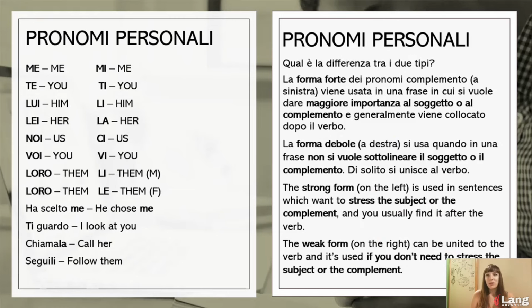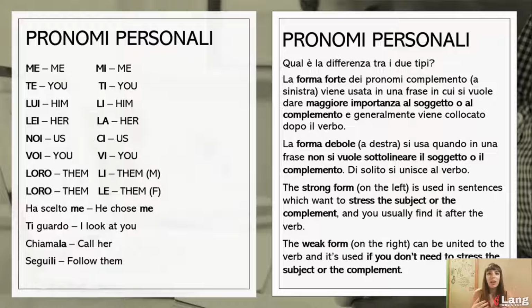Okay, so the pronouns that I listed before are called pronomi soggetto because they are the subjects of the sentence. But what about the pronomi complemento? So how do I say he chose me? And I want to stress that he chose me.